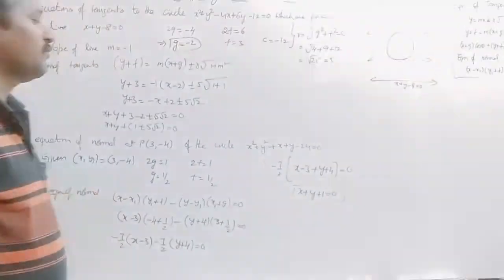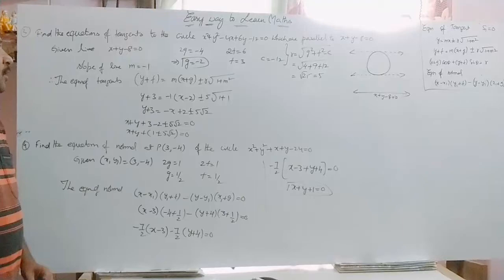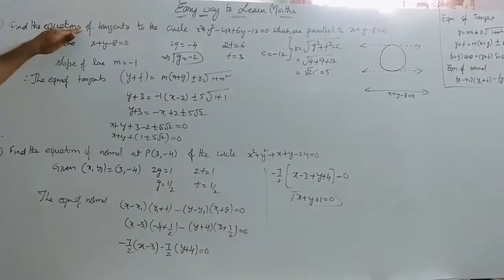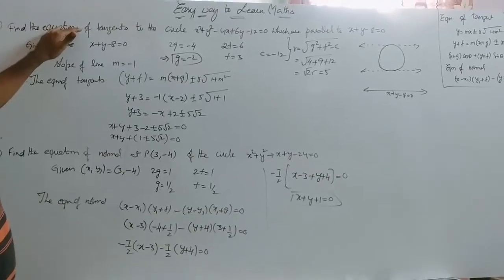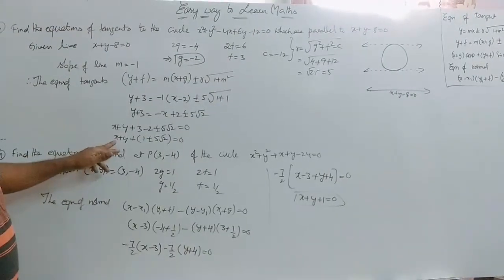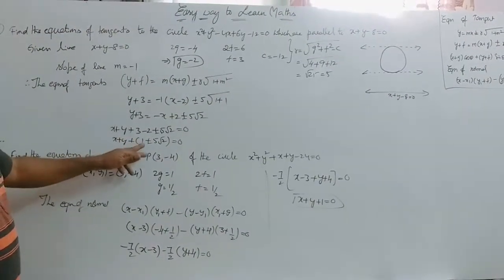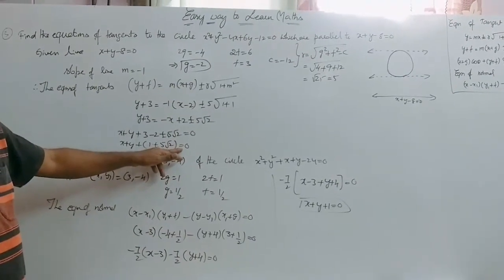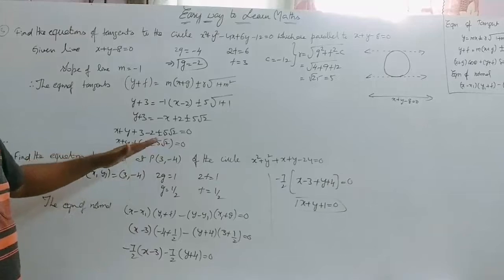If in this question it is asked to find the normal also, then directly we can use the formula. Here x plus y plus 1 plus or minus 5 root 2 equal to 0. Then the normal is always perpendicular to the tangent.